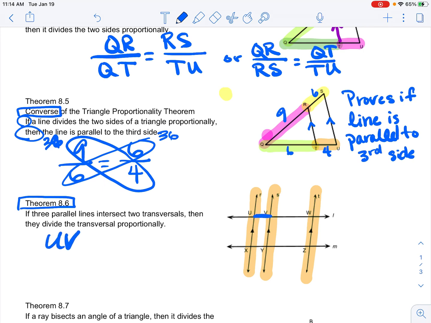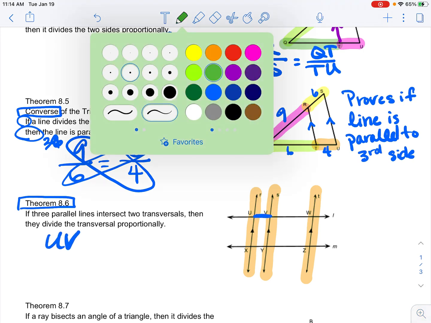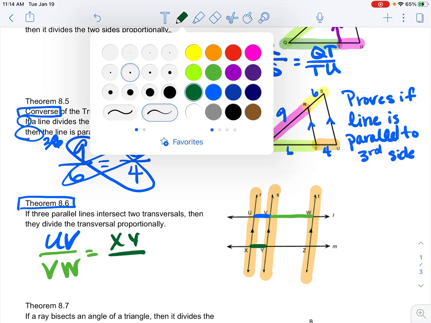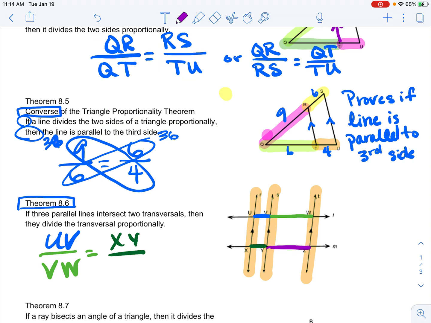So between U and V and between V and W is proportional to XY and YZ.